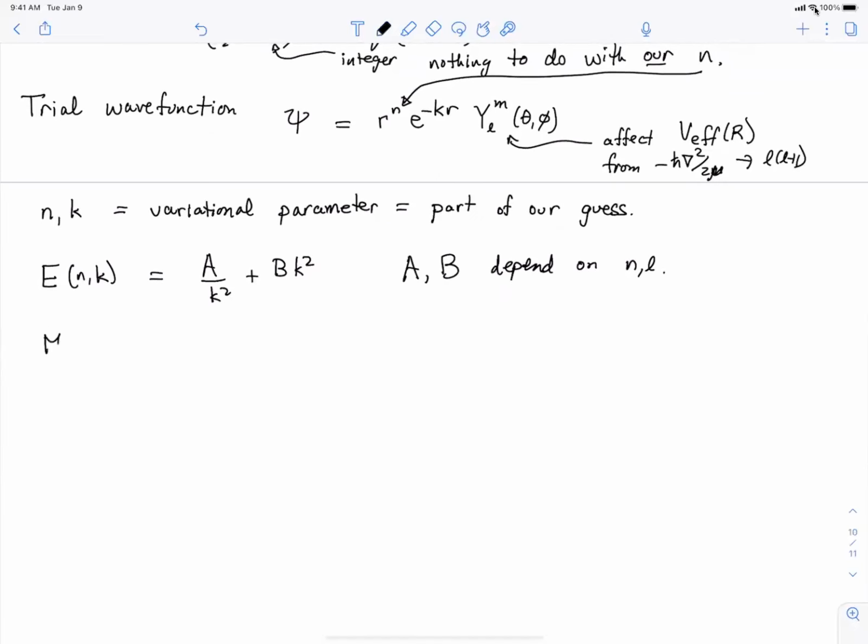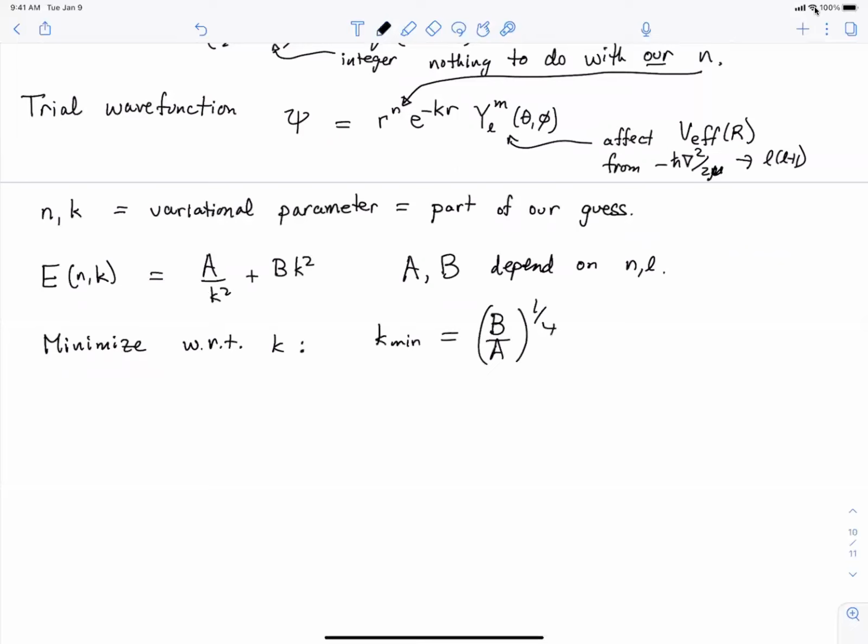So when you minimize with respect to K, you get some K minimum. And in terms of A and B, it's really easy. It's just B over A to the 1/4.